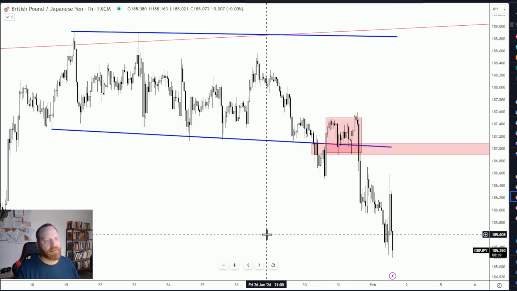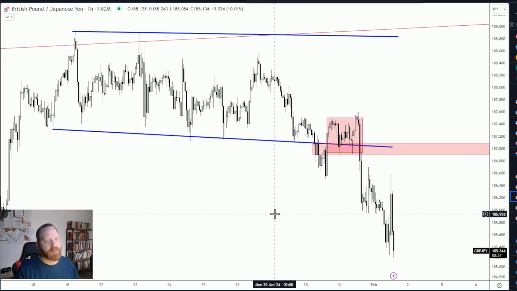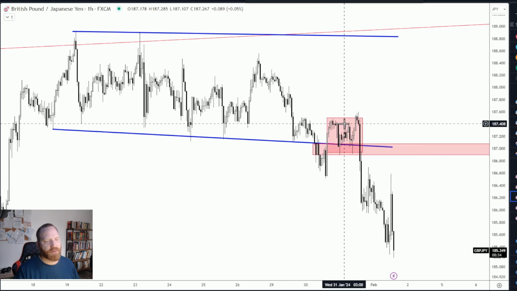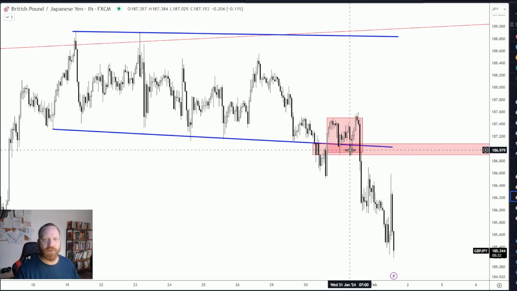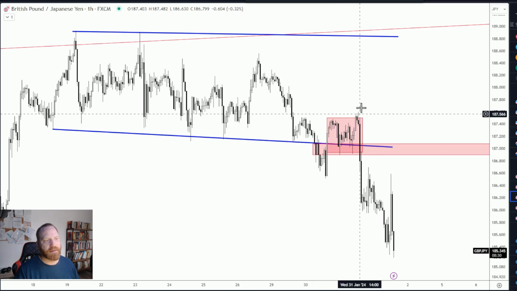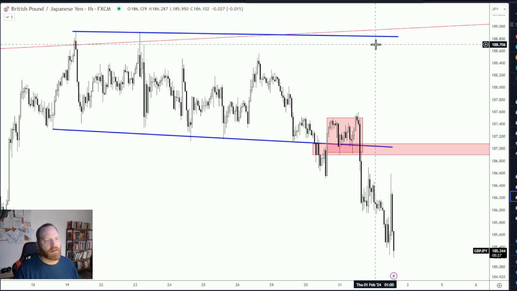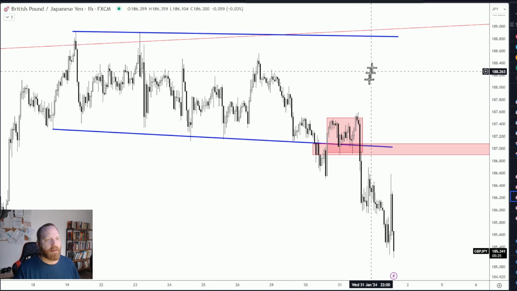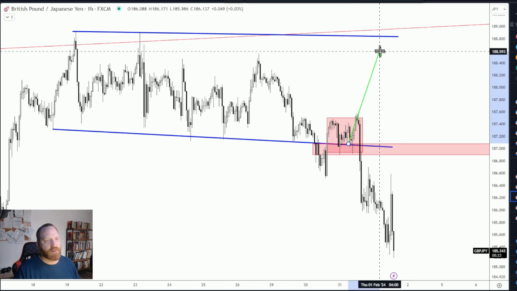This is exactly the type of setup that I want to see, because this is very typical. It's going to retrace, then accumulate, and trap a lot of people into buying again into the channel, hoping that the price will go there.